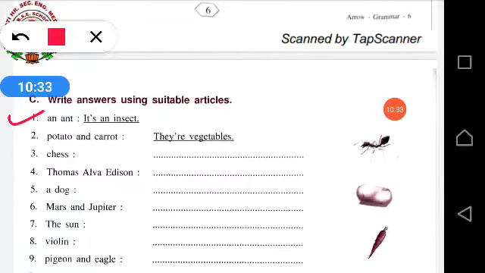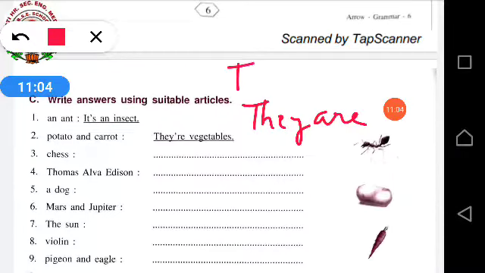First one, an ant. So what is an ant? It's an insect. Potato and carrot. What are they? Two, that means they are plural. That's why we'll be using 'they are'. And how are we writing? We are not writing in this way; we write 'they're', the short form.